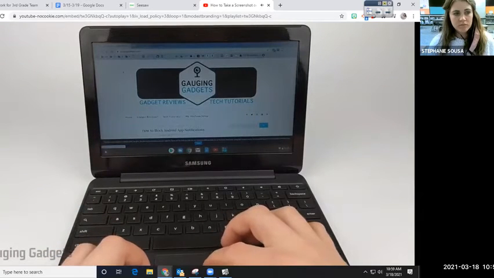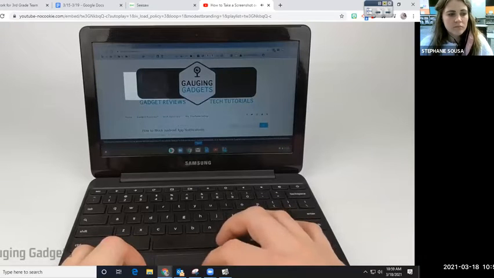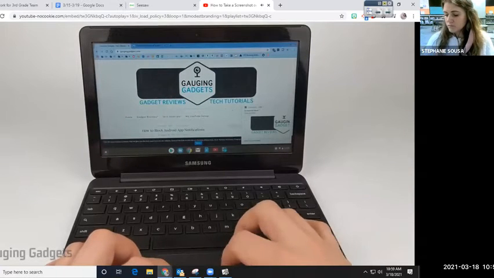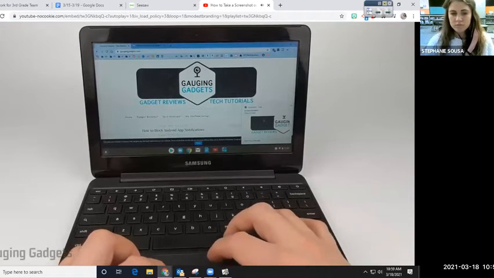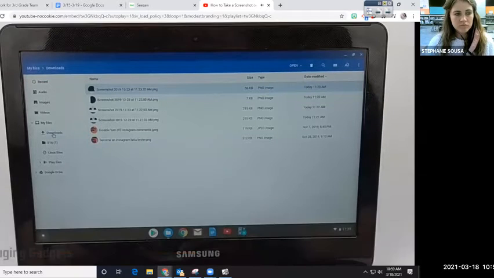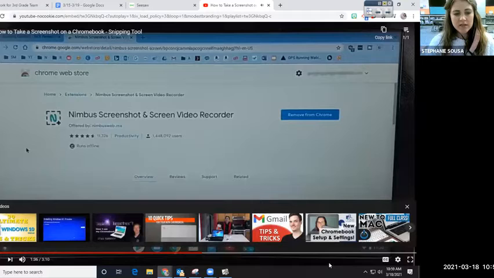So now we just left click like we would just selecting anything with the mouse, drag while we hold the mouse down, and then once we have the portion of the screen selected that we want to take a screenshot of, we let go of the mouse and that'll save it as a screenshot, as you can see right here. Now if you want to access any of these screenshots you're taking, they'll be by default located in the downloads folder. All right. Okay, so that's how you can take a screenshot.